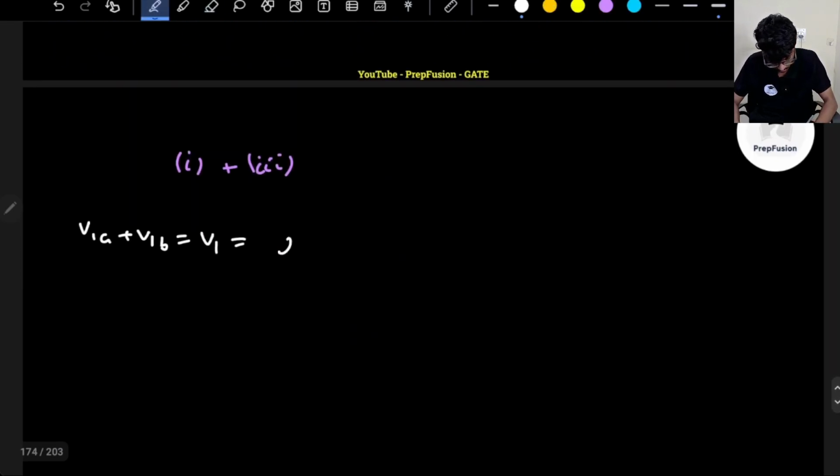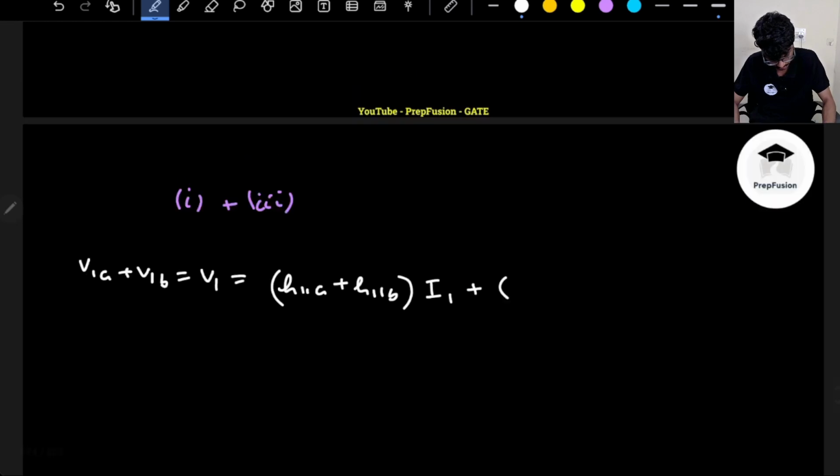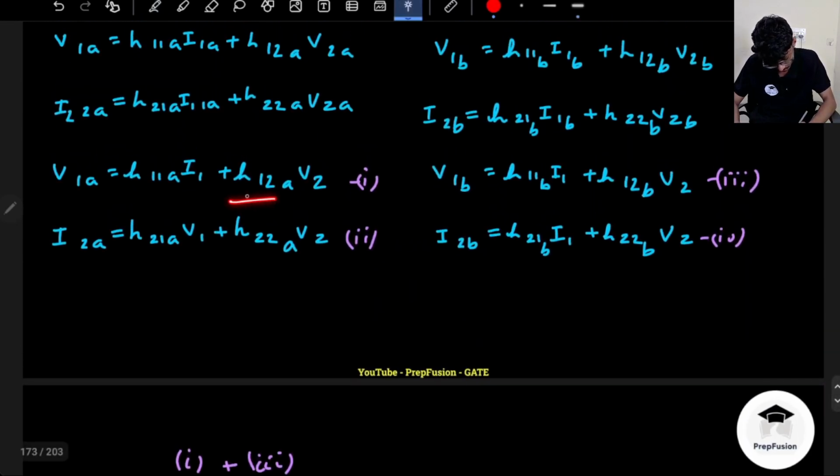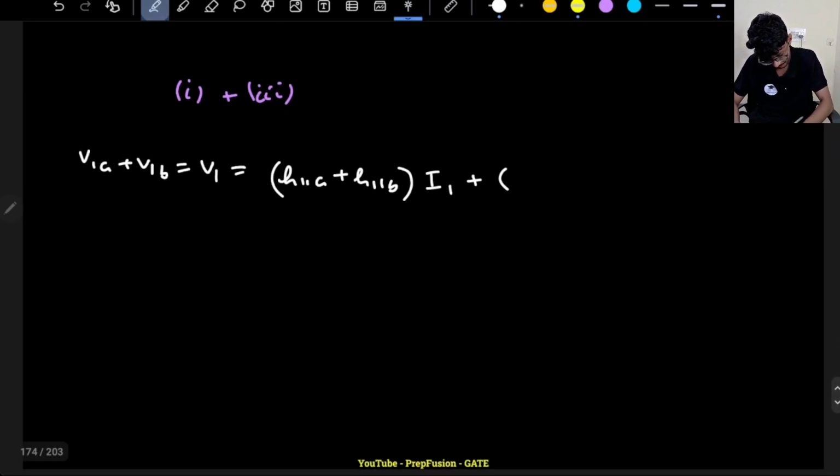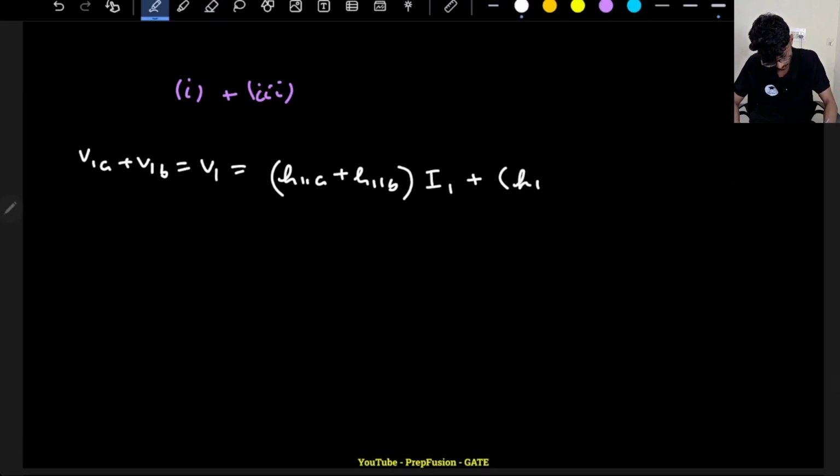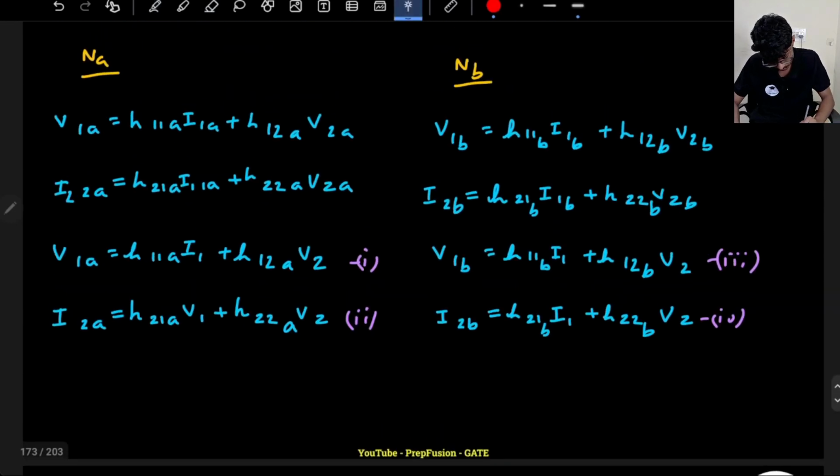So it will be H11A plus H11B into I1 plus H12A plus H12B into V2.